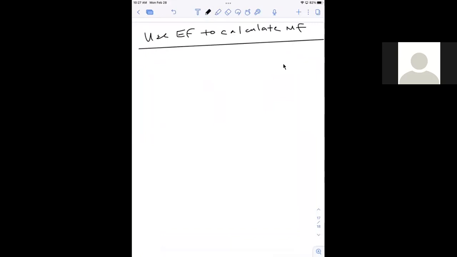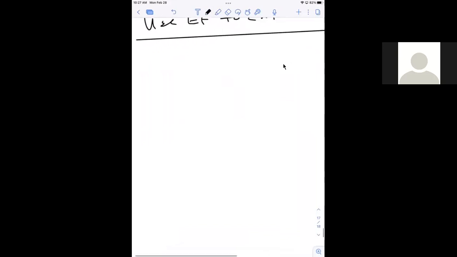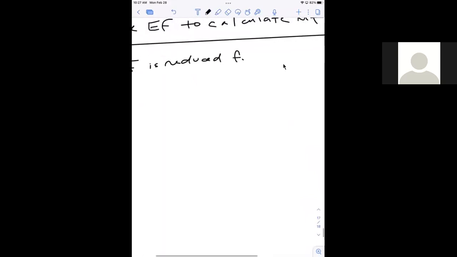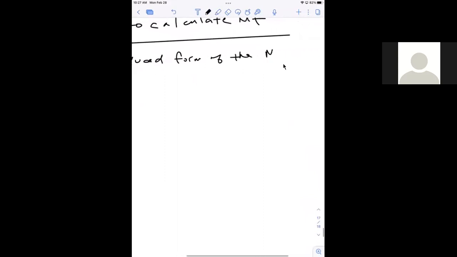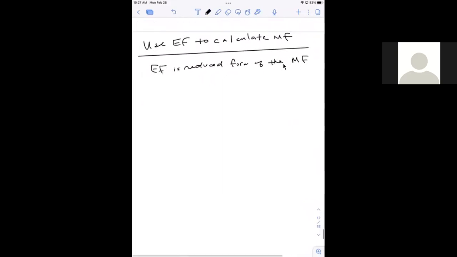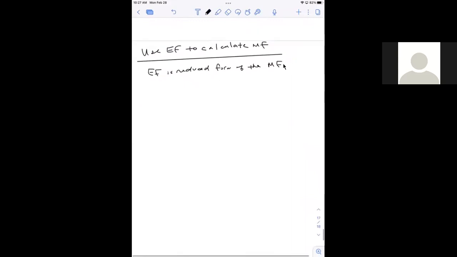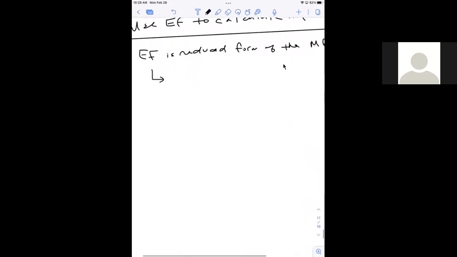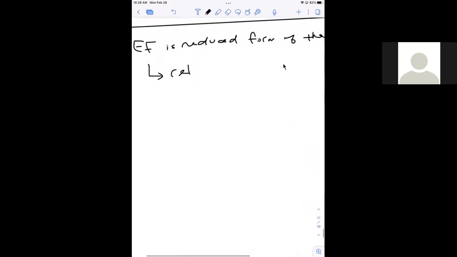And so the way we derive it, and there's a difference. Remember, there's a difference. The empirical formula is the reduced form of the molecular formula, if you remember that. So it doesn't tell you the exact number of atoms present, but the relative number.